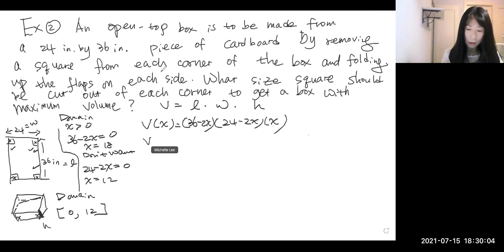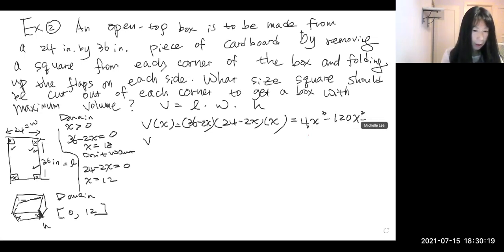So let us simplify this one. I'm going to use the book for 4x cubed minus 120x squared plus 864x. Okay. Now, in order to find the critical point, what do we need to do?